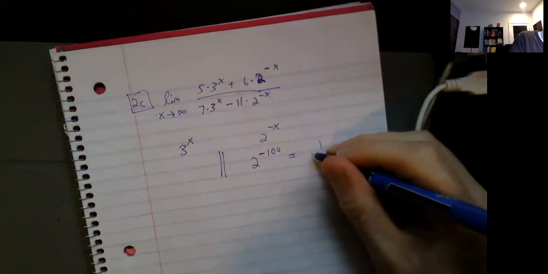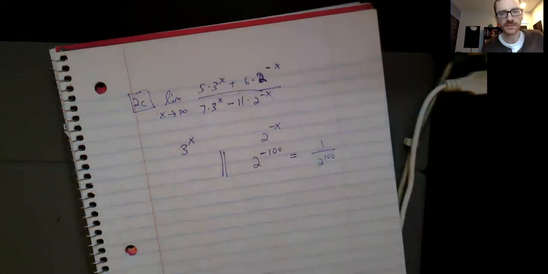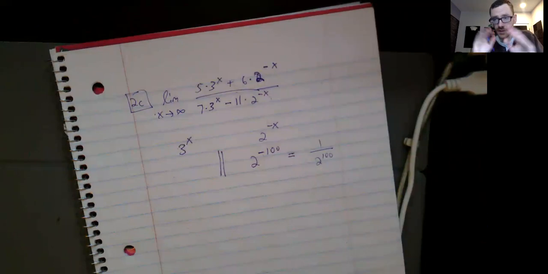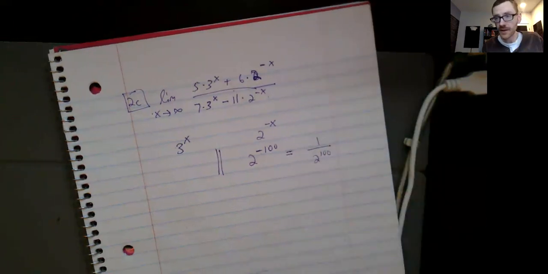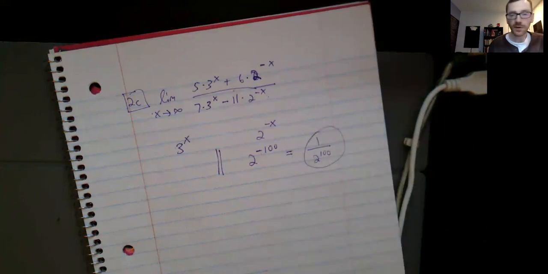If you have a negative exponent, it really means you write 1 over and you make the exponent positive. So 2 to the -100 really means 1 over 2 to the power of +100. 2 to the +100 is a giant number. It's a huge number, right? It's 2 times 2 times 2 times 2. So this is 1 divided by a giant number, which means that overall, this thing is very, very small, okay?